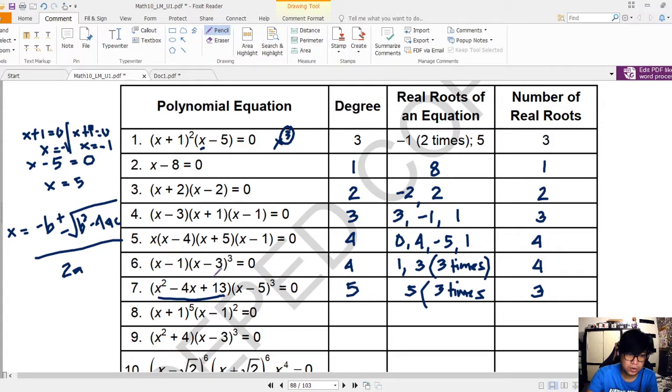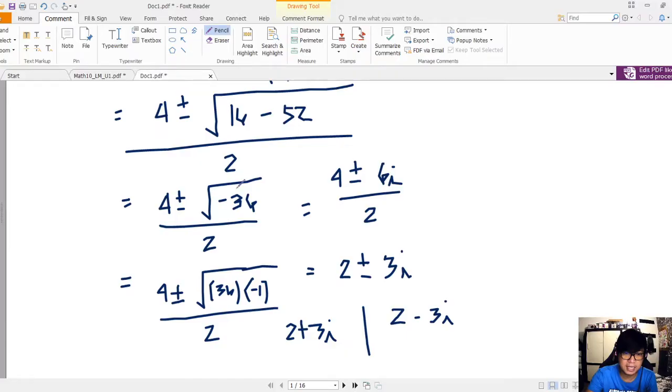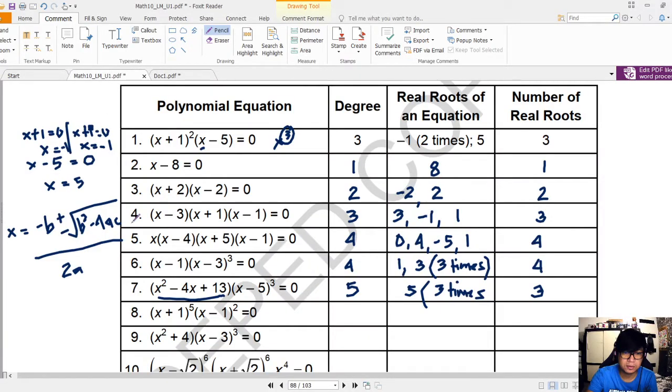Because ito, ang root niya is yung sagot natin kanina, 2 plus 3i and 2 minus 3i. So, hindi siya real root. Okay? So, we're looking for the real roots lang kasi. I think na-discuss din ninyo ito during your brain run kung ano ba yung real roots. So, imaginary numbers are not real roots.